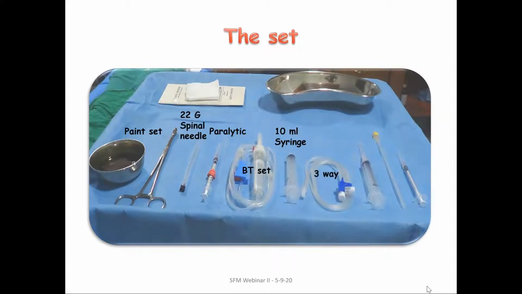You would also need a three-way, one end of which is connected to the blood bag, the other end connects to the fetus, and the third way is connected to the 10 ml syringe where you draw the blood and push it to the fetus. You draw blood from the blood bag to the 10 ml syringe, and then turn it around and transfuse that to the fetus as you measure it and transfuse.